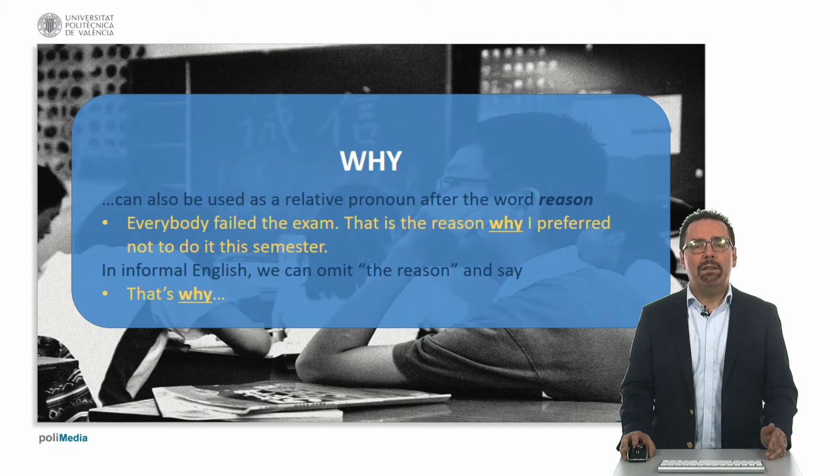Why is also another alternative for relative clauses, and is normally used after the word reason. In this example we can see it. Everybody failed the exam. That is the reason why I preferred not to do it this semester. In informal English, we can omit the words the reason, and we simply say that's why.